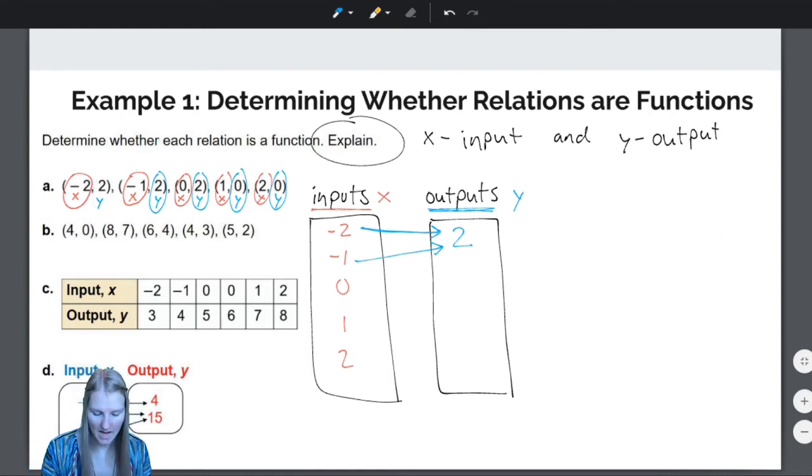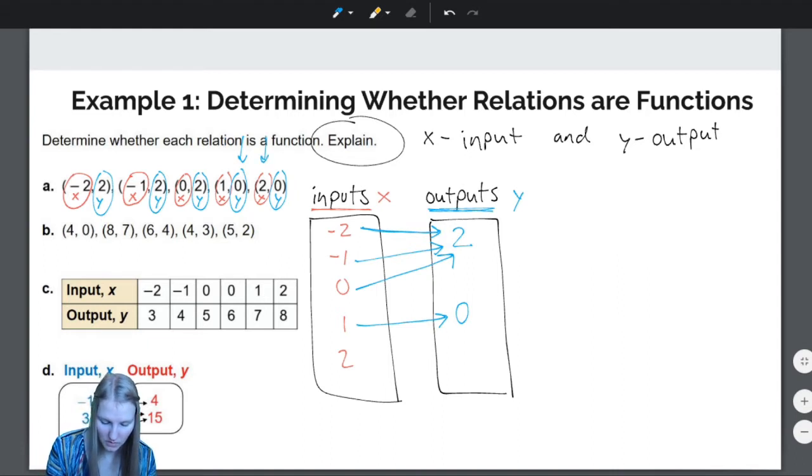Okay. And now we have 0, which points to 2. Okay, lots of things pointing to 2. All right. And now 1 points to 0, and 2 points to 0.